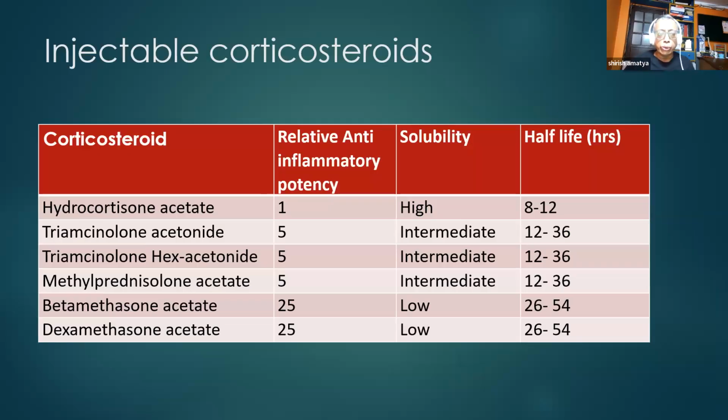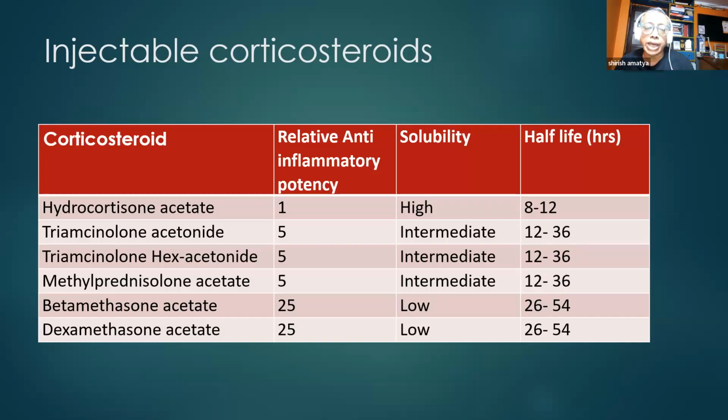So triamcinolone acetonide is about five times more potent than hydrocortisone. Similarly, triamcinolone hexacetonide is similarly potent, and methylprednisolone also has 5 times more potency than hydrocortisone. And these are all intermediately soluble in water and have a half-life of 12 to 36 hours.